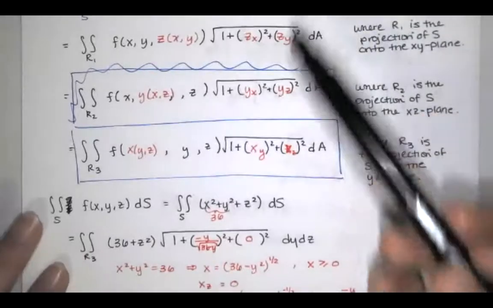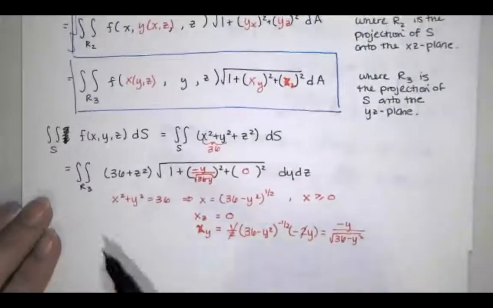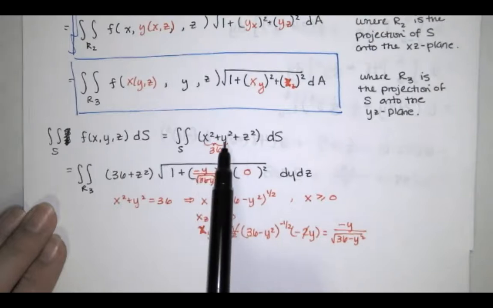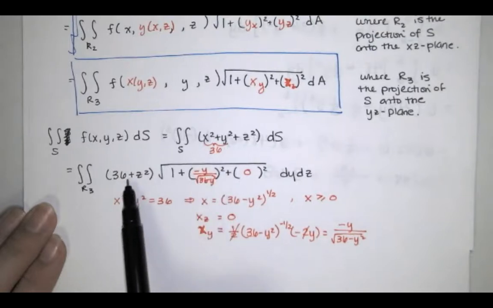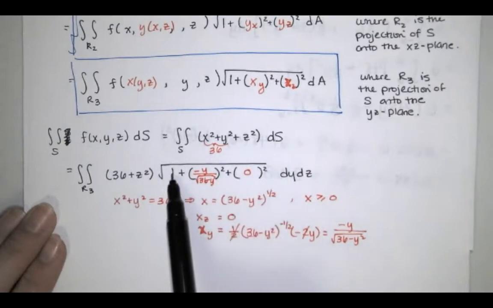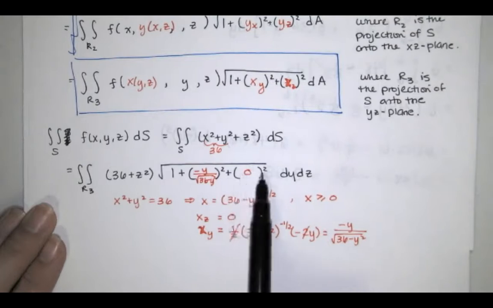I chose to project onto the semicircular region. And then the way we handle that is we write the integrand in terms of the two variables, which in this case were y and z. x squared plus y squared was 36 on our cylinder, and that cylinder, or part of that cylinder, was our surface. And then we compute dS, which is the square root of 1 plus a partial derivative squared plus a different partial derivative squared.